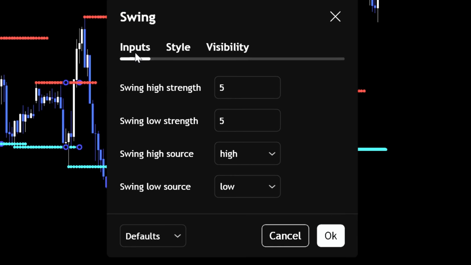In that section, find Swing High Strength and set it to 14. Then find Swing Low Strength and set it to 14 as well. This tells the indicator to look at 14 bars on either side to identify significant swing points.